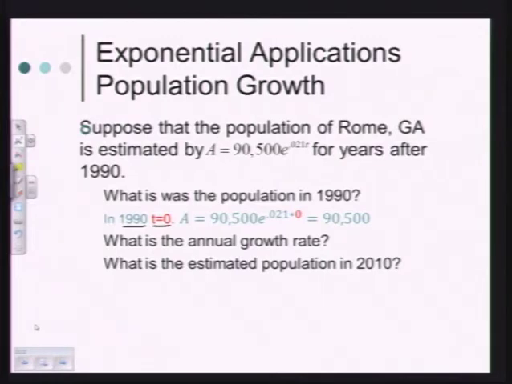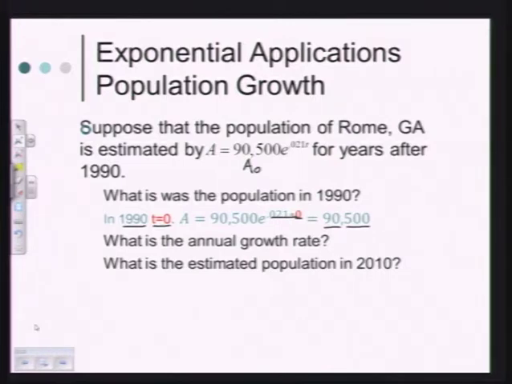So in our formula, t will be 0. You'll get e to the 0.021 times 0, which is e to the 0, which is 1. 1 times 90,500 is 90,500. That is a sub 0 in our formula.